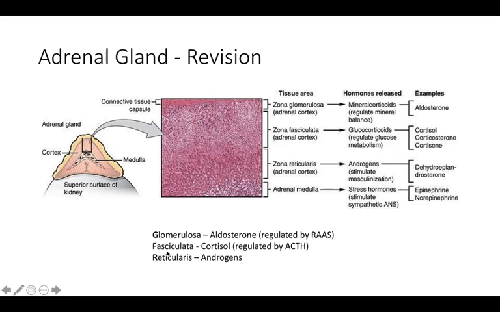The zona fasciculata is responsible for glucocorticoid secretion. So the main glucocorticoid is cortisol, which is regulated by ACTH. And zona reticularis is responsible for androgen secretion, and this mediates secondary sexual characteristics.